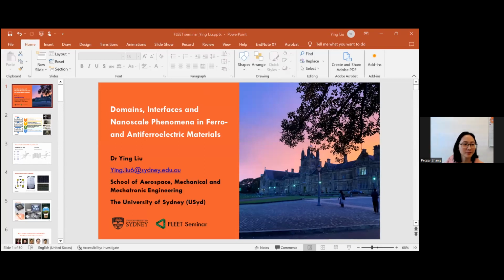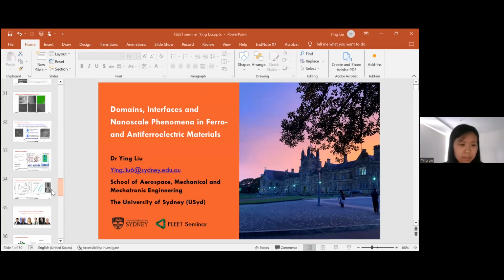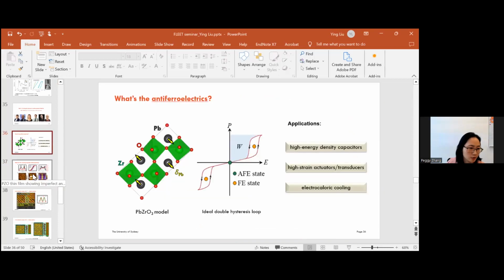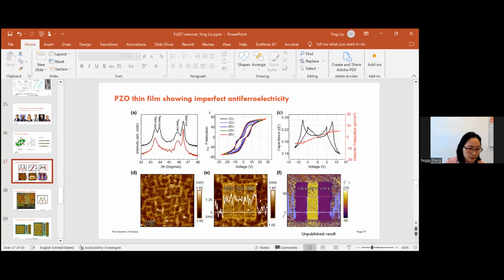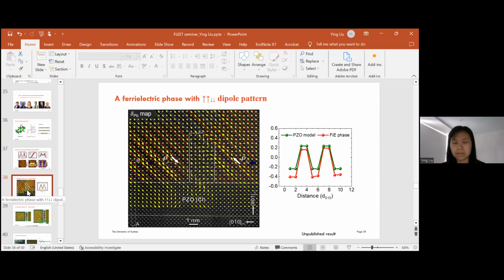Thank you, Ying. It's a very wonderful talk and beautiful data. I just have one question for the antiferroelectric project, the last one. I think initially you showed the big picture of the polarization, like the displacement map. Have you tried different thickness, the sample with different thickness?